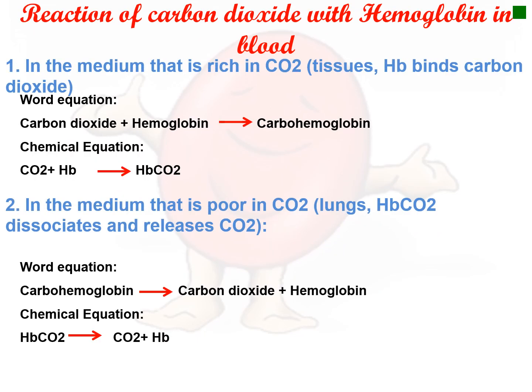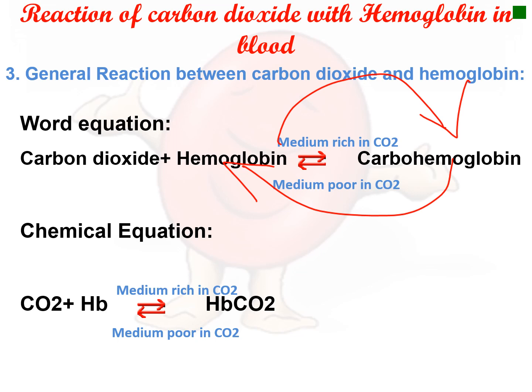In the medium that's rich in CO2, carbon dioxide will bind to hemoglobin to give carbohemoglobin. In the medium that's poor in CO2, like the lungs, HbCO2 carbohemoglobin is going to dissociate and release CO2. That's formed in this equation.